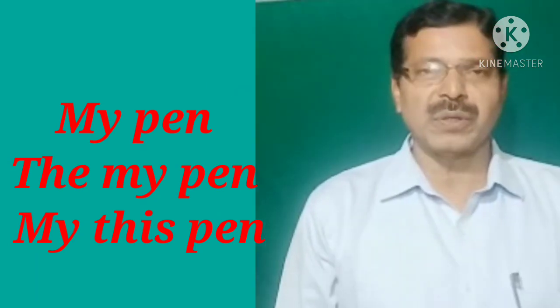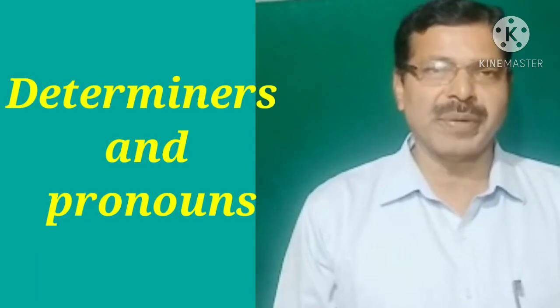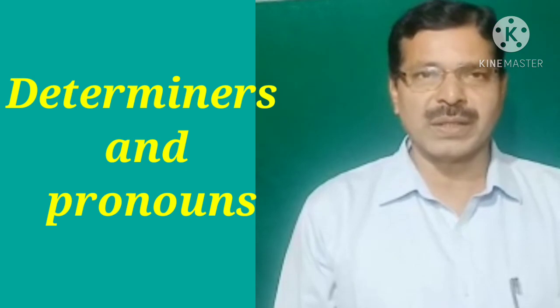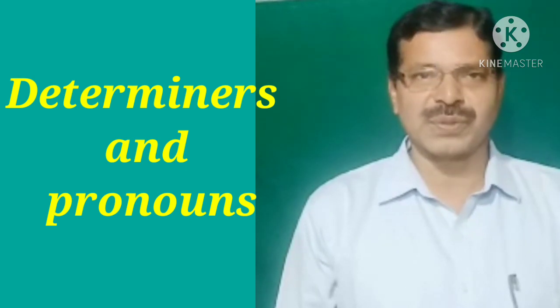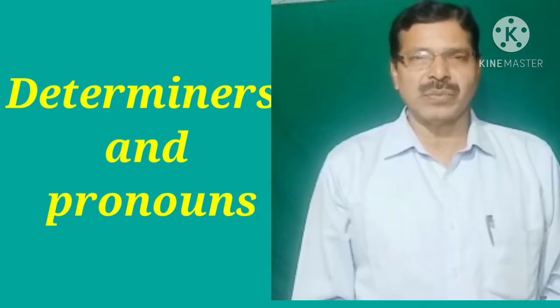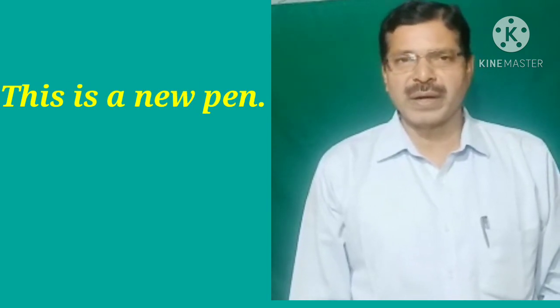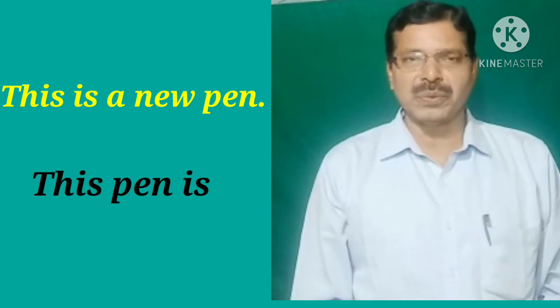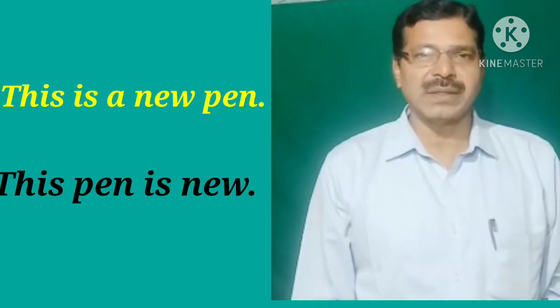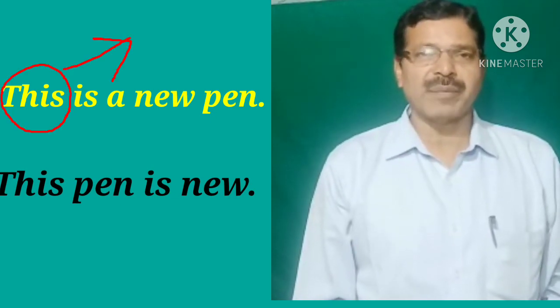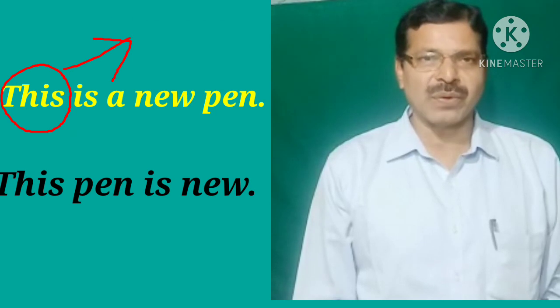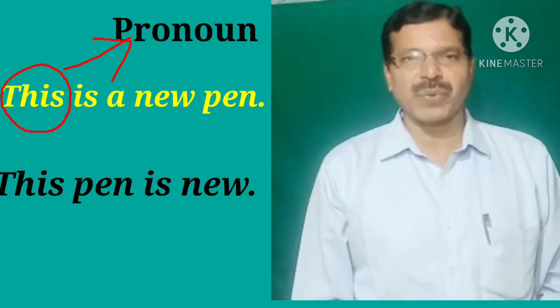Apart from this, you must know the difference between determiners and other words like pronouns. You look at the examples. This is a new pen. This pen is new. In the first sentence, this never precedes any noun. That's why this is a pronoun.